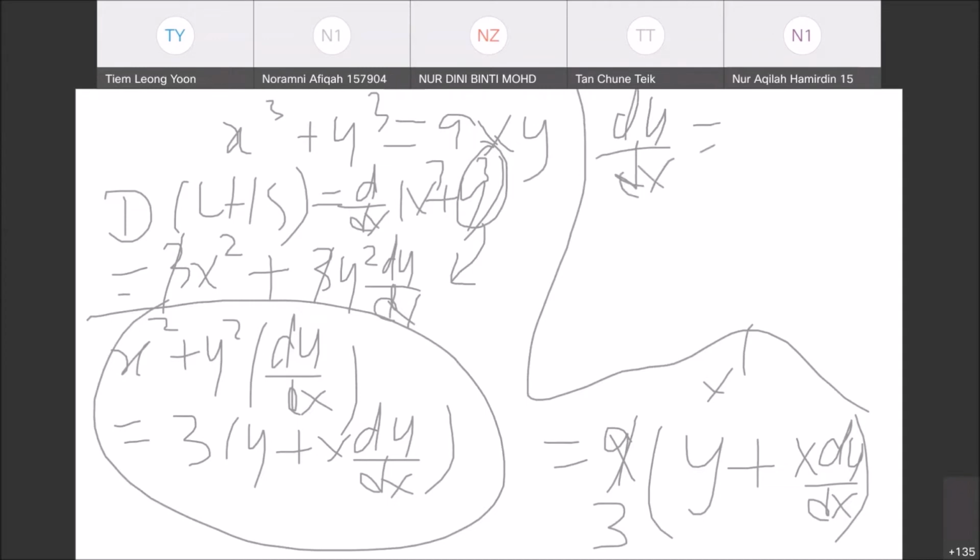Not sure if this is correct, let me try it out, since it's not that difficult. You just pull out the factor of dy dx, then it equals x squared minus 3y, I think, divided by y squared minus 3x.